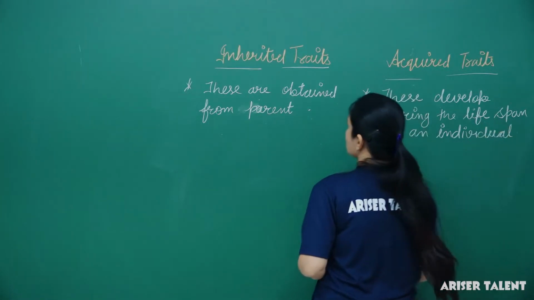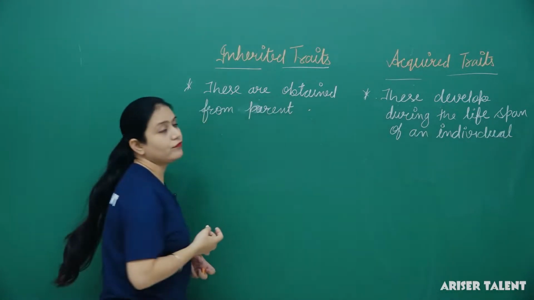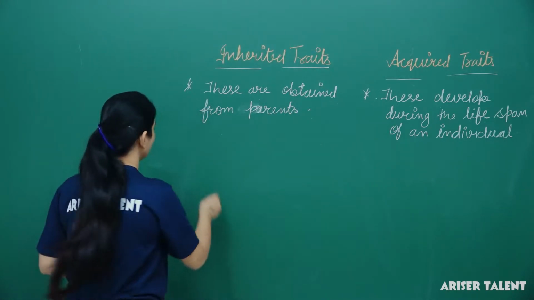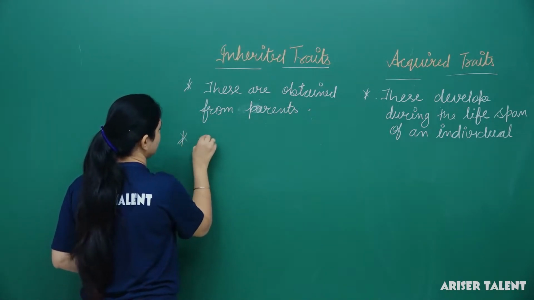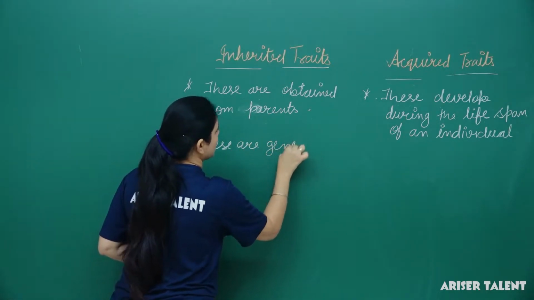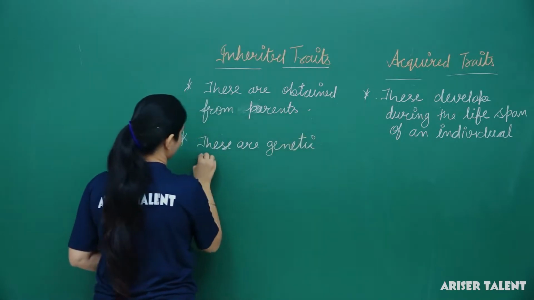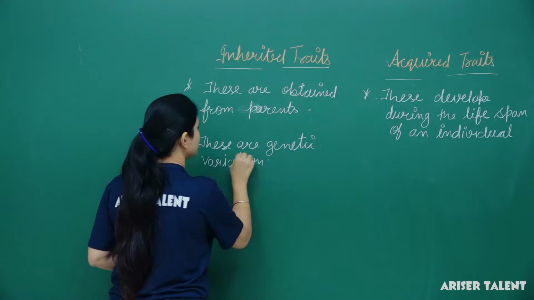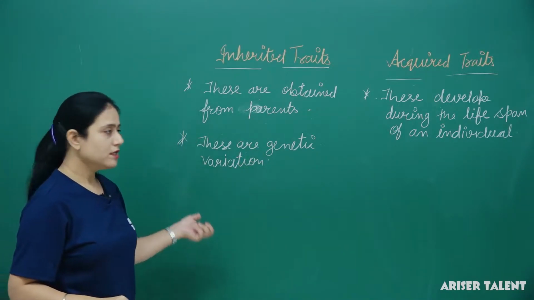Okay. So, as I told you, inherited traits are obtained from parents. So, these are genetic variations. Why are these genetic variations? Because these are present in the genes and these are transferred by the genes only.